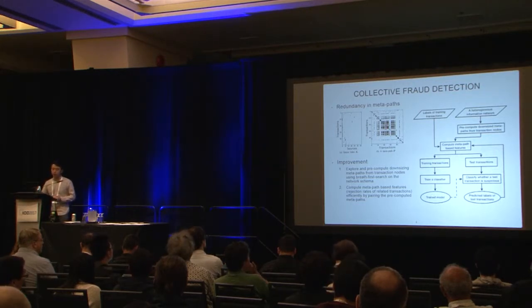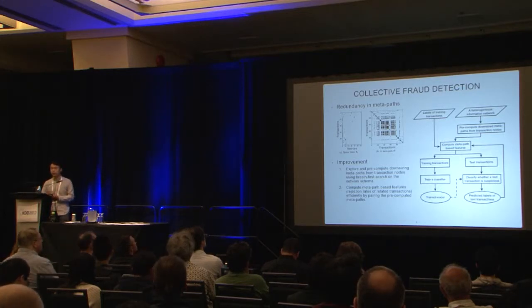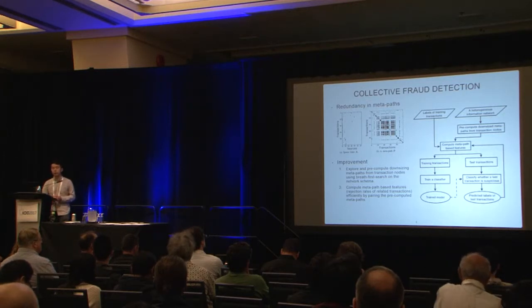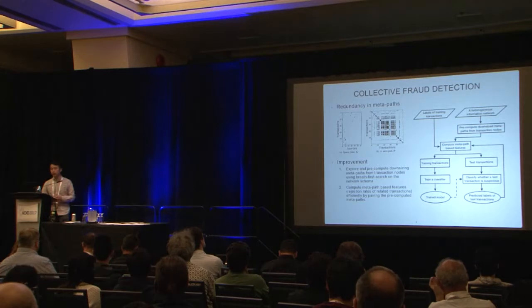Luckily, we are not interested in the similar transactions themselves. What we are interested in is computing dense features out of these similar ones. So we want to aggregate the label information of these similar transactions to see what the fraud ratio of these similar ones is. For example, if the current transaction is coming from a particular IP address, and we have some history about this IP address, we want to see what the fraud ratio is for that IP address so that we can put this information in our classifier models.